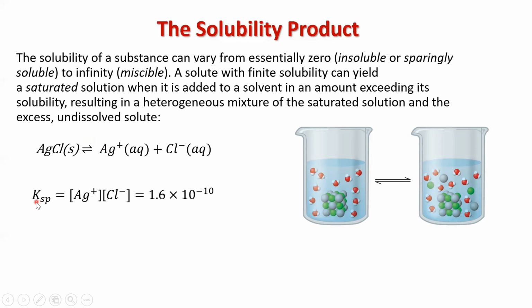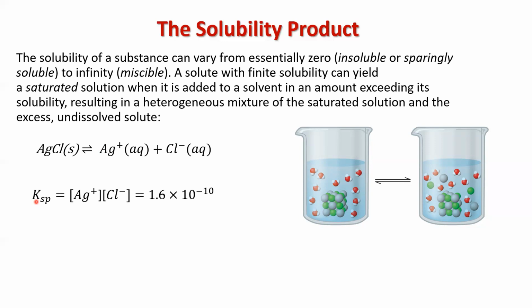The K that we're going to look at now is called our solubility product constant. We looked at Kc values, which was just a generic equilibrium constant in terms of concentrations. We had Kp, which was in terms of partial pressures.